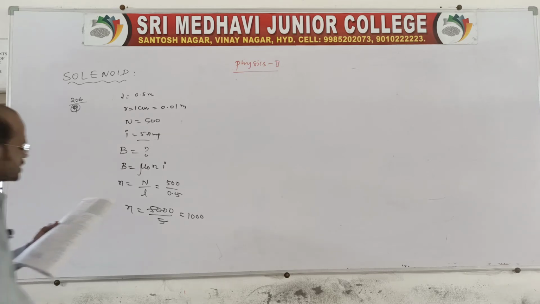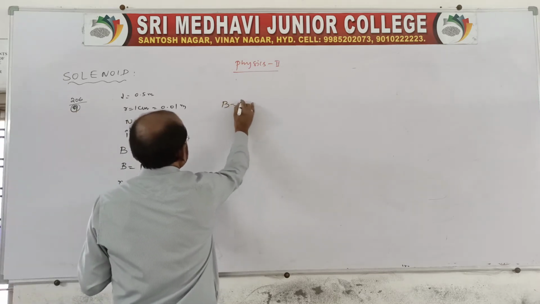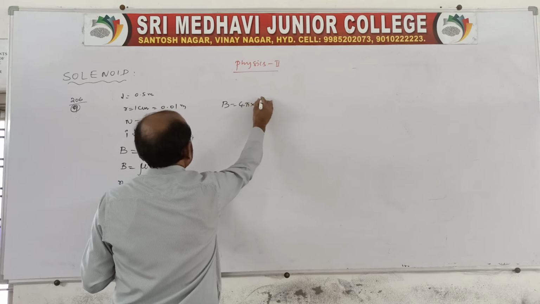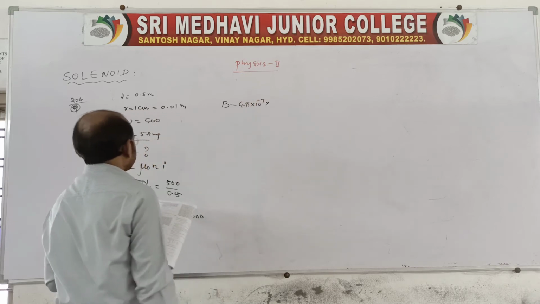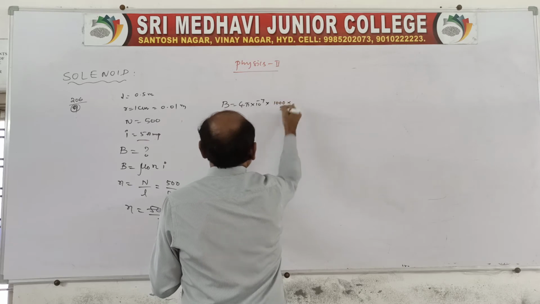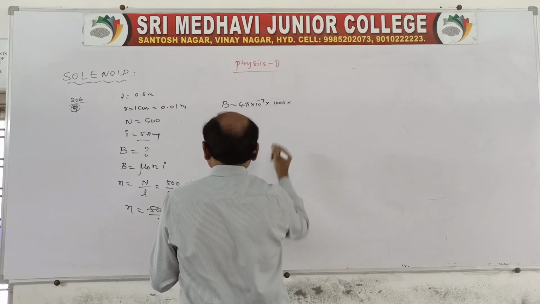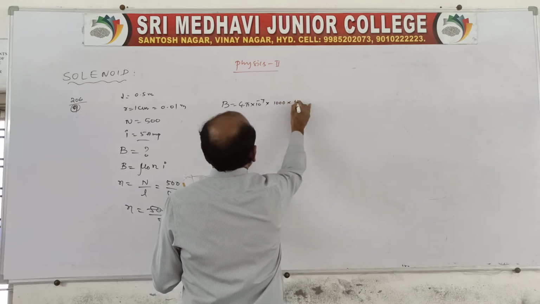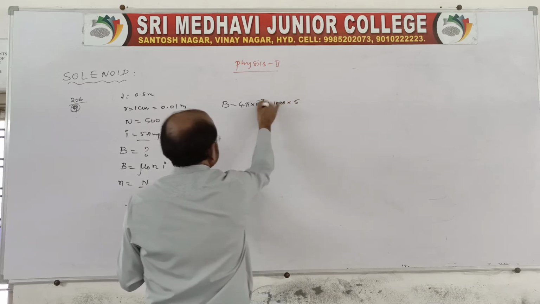So it is asking B, the magnetic induction, which is equal to 4 pi into 10 power minus 7 into n, that is 10 power 3, into I, which is 5. Clear? So the zeros are cancelled.